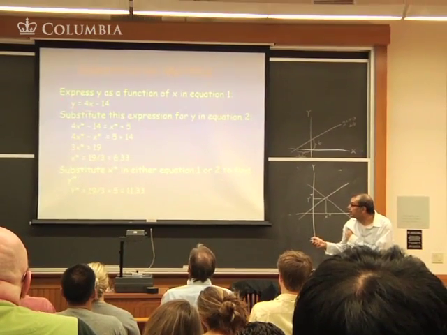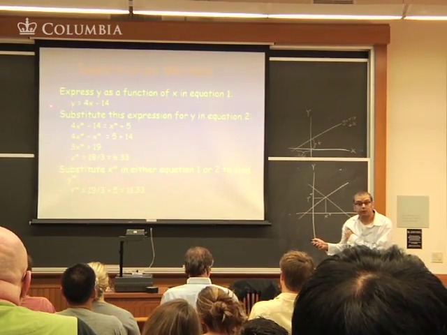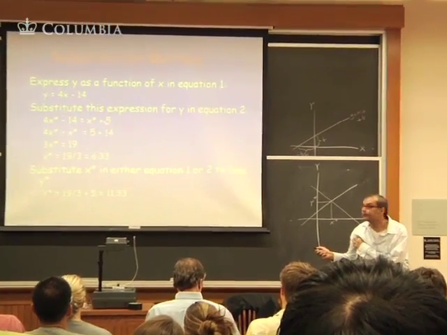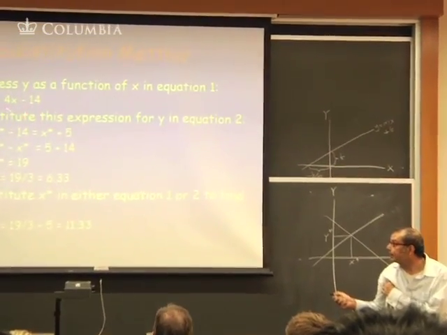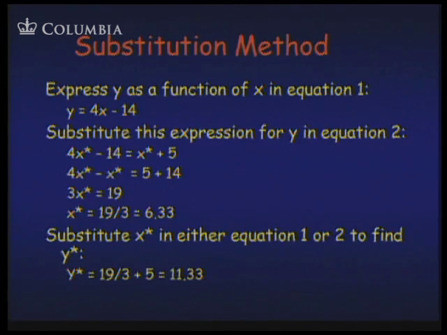We actually don't need to do anything here because we've got y expressed in terms of x. There's no y on the right-hand side. So we could simply take this expression and substitute it into the other equation. The other equation is y equals x plus 5. So instead of y, I have here 4x minus 14.